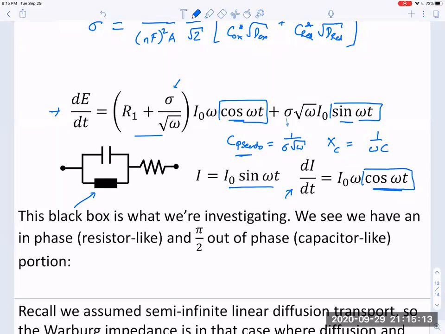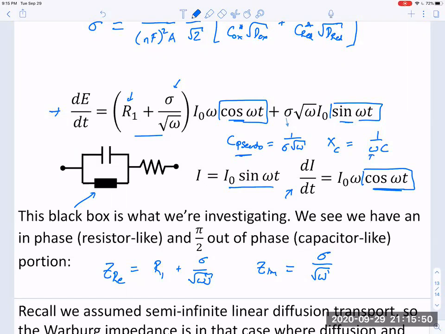So the relationship between the current and the voltage with respect to time in this little black box is going to have an in phase, or real, component, which is this value R1 plus our Warburg constant divided by square root of omega. And then this imaginary portion, which is also going to be the Warburg constant divided by square root of omega. Because remember that omega term, normally we'd have this omega term that has to show up when we have a capacitor.